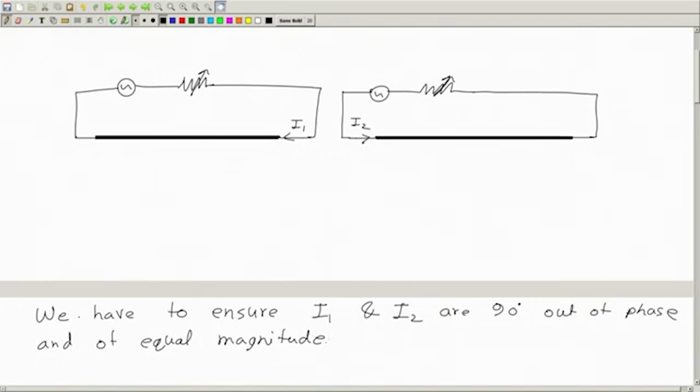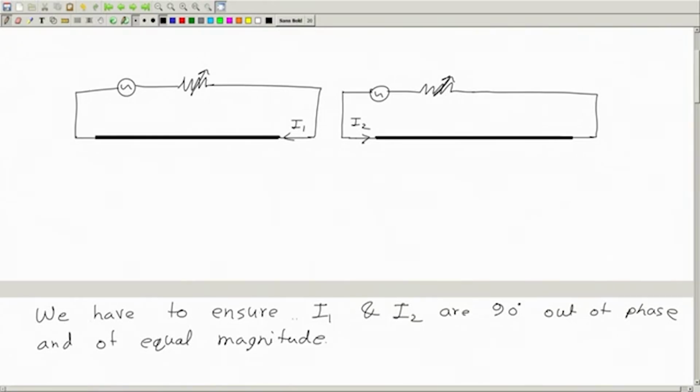Okay, so these two are identical potentiometer wires. So the length of this and the length of this may be the same. Their resistance per unit length may be the same. So if we can adjust I1 and I2 to have 90 degree phase angle, then we can ensure that the voltage drops in this wire and this wire are also 90 degrees out of phase, and the voltage drop per unit length will also be the same.